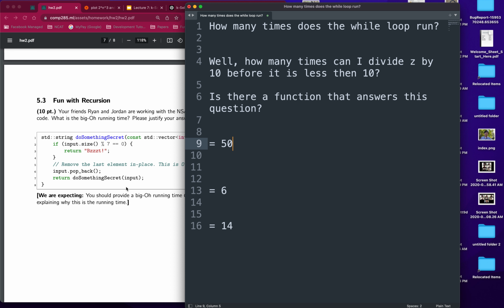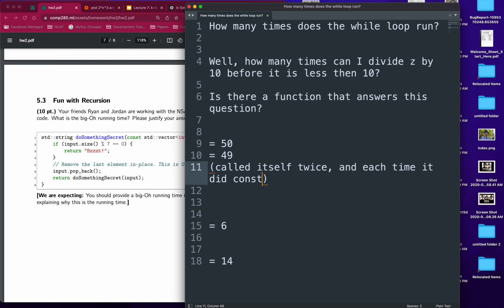So while this function is recursive, it'll be helpful for you to think through what actually happens. So it calls itself now on 49. Now, the next time 49 is in fact divisible by 7, so it immediately returns. So this function called itself twice, and each time it did constant work. O of 1. Okay?